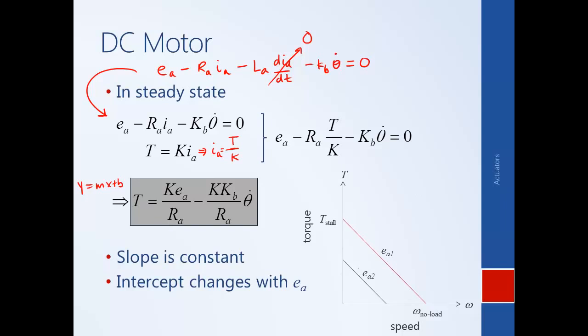The reason for that is because at high torques you have high currents, and that can damage the motor if you do it for a sustained amount of time. In many cases, you may allow the motor to momentarily have a very high torque, but usually the control system will limit it so that it's not for a sustained amount of time, because that will cause damage to the motor.